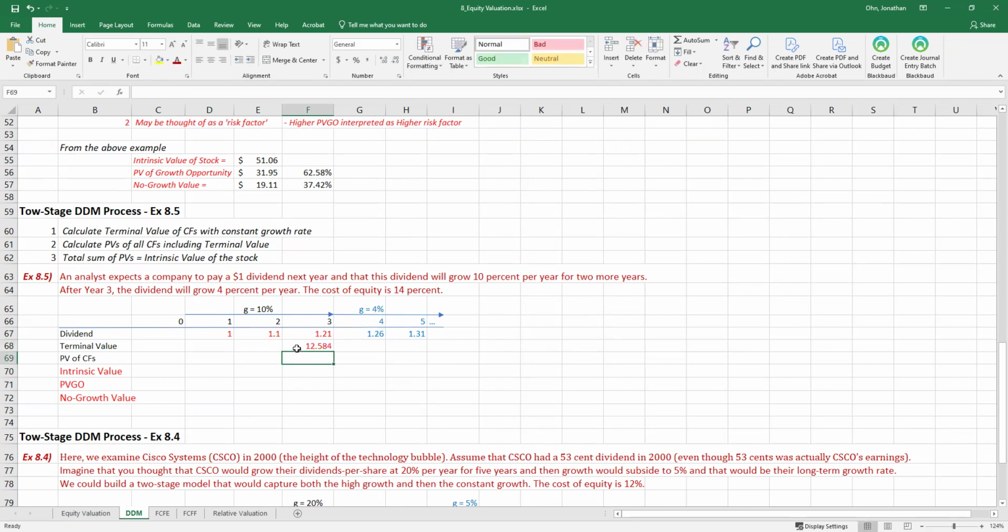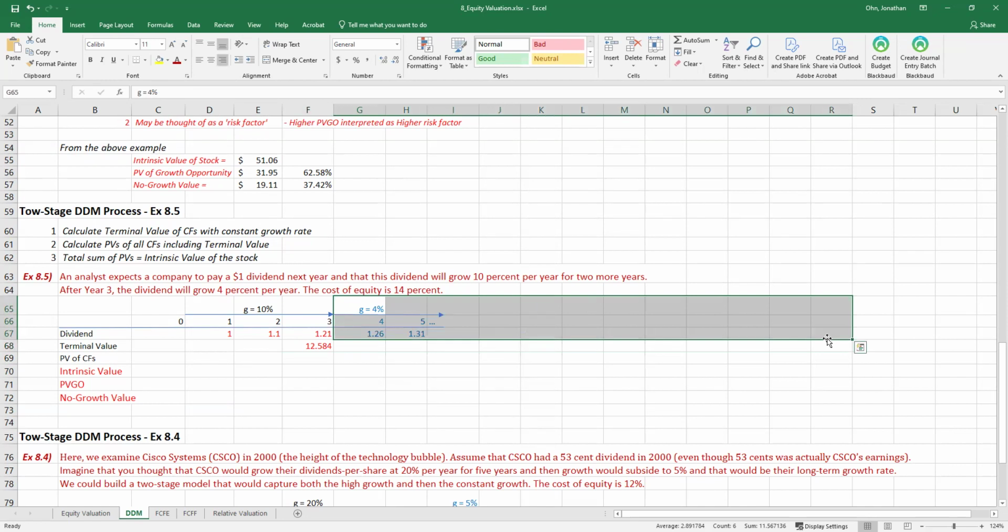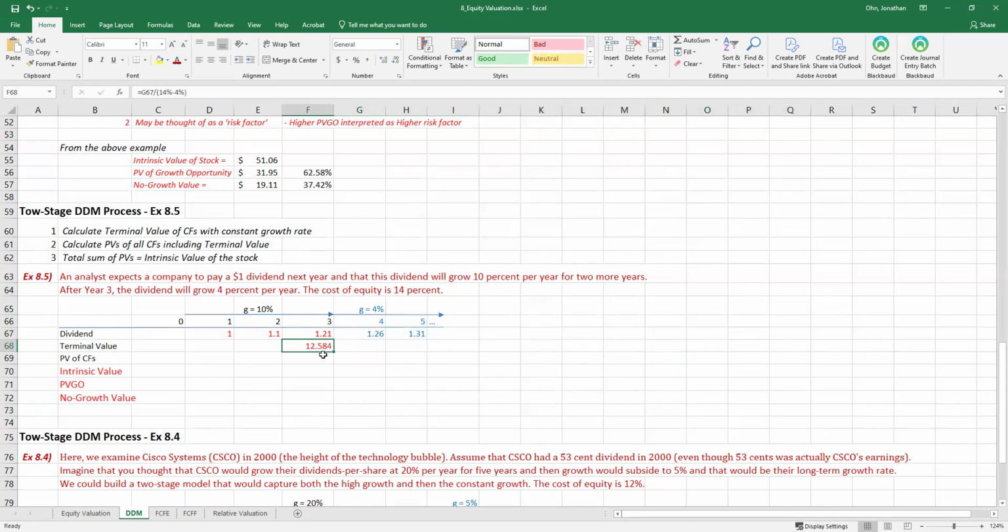That is 12.558. That one covers all the cash flows. All the future cash flows after 3 years are summarized in this one, and it is called terminal value.